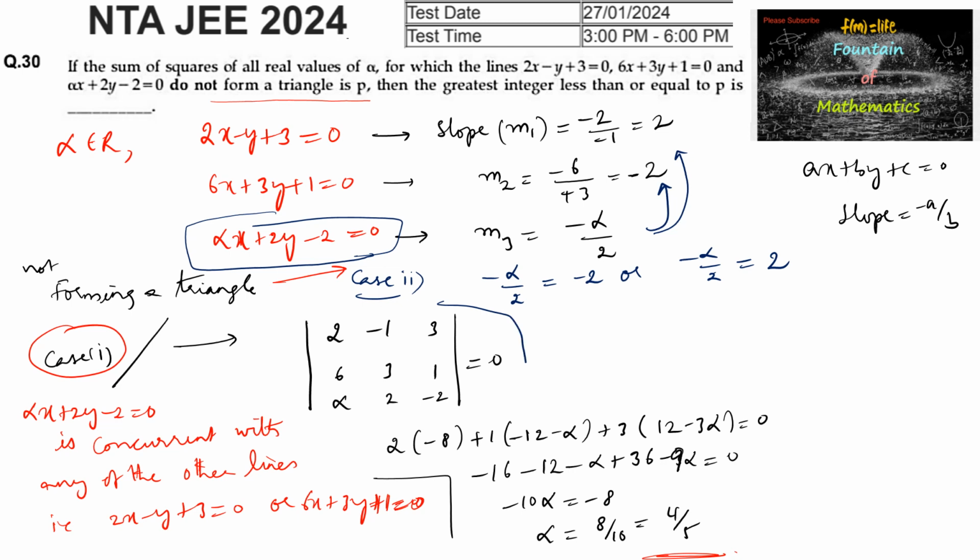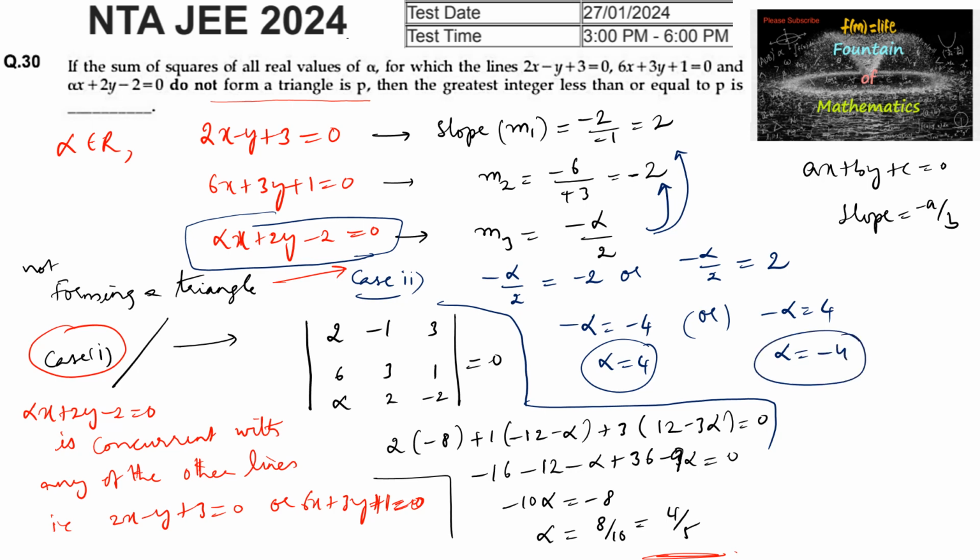In such a case, we have minus alpha is equal to minus 4, that is alpha is equal to 4, or minus alpha is equal to 4, that is alpha is equal to minus 4. So we got the three possible values of alpha: alpha is equal to 4, alpha is equal to minus 4, and alpha is equal to 4 by 5.